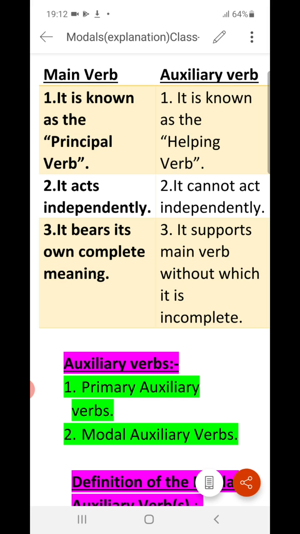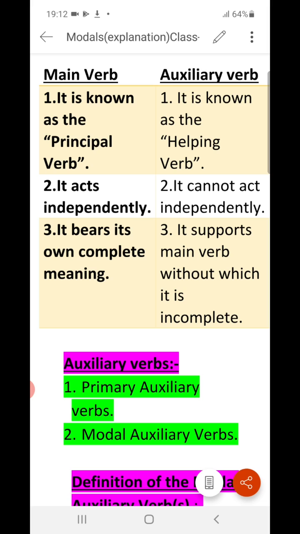But before that, look at point number 2. It acts independently. So main verb acts independently as it gives its own meaning, or it can stand alone.